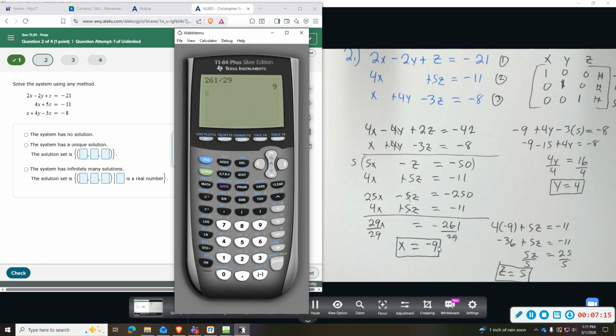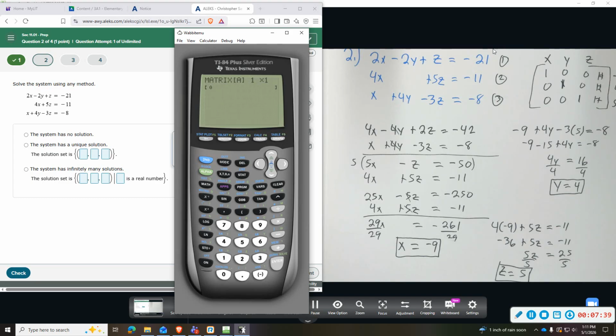I'm going to clear out what we've done. Easiest thing to do is just do second plus 7, 1, 2, get rid of everything. But you don't have to, you can just type over it, but I like to reset. So I'm going to go to second matrix, arrow over to edit. We're going to press enter and edit this one.